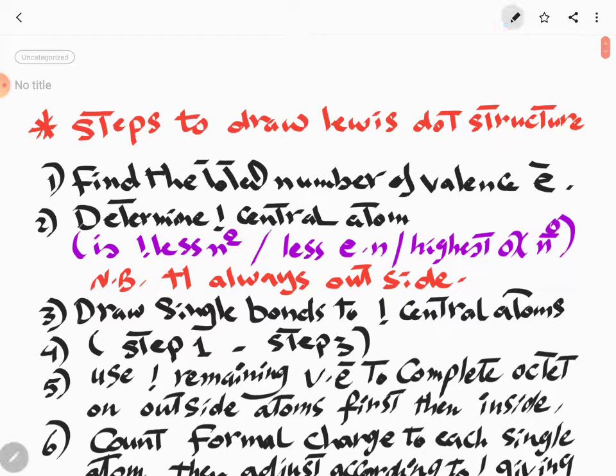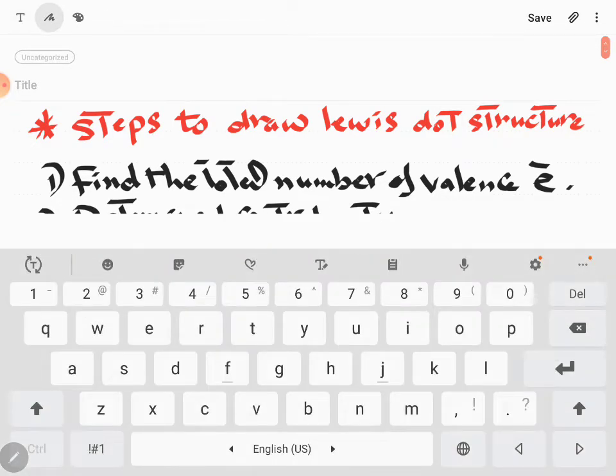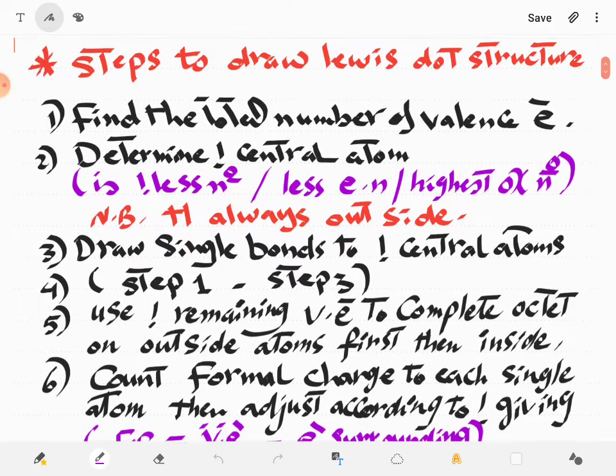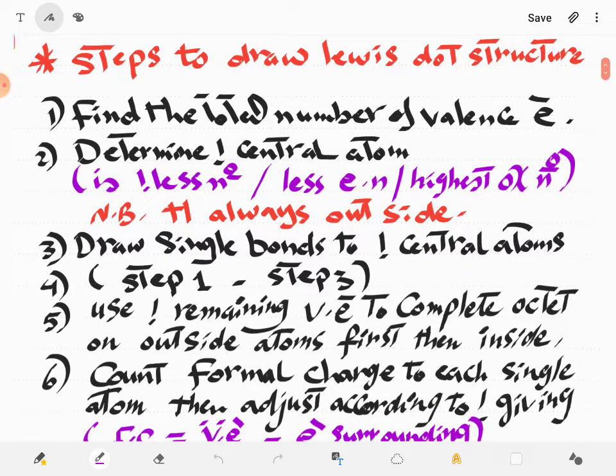But first, let us read the steps. I explained it many times, but we need to read it, and you can keep it for yourself. So the steps to draw a Lewis dot structure. First, find the total number of valence electrons. Second, determine the center atom.